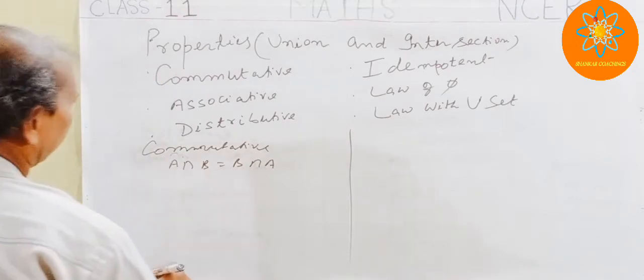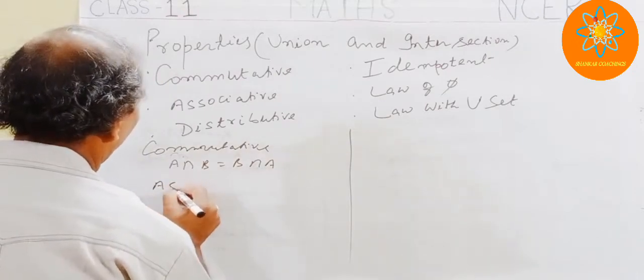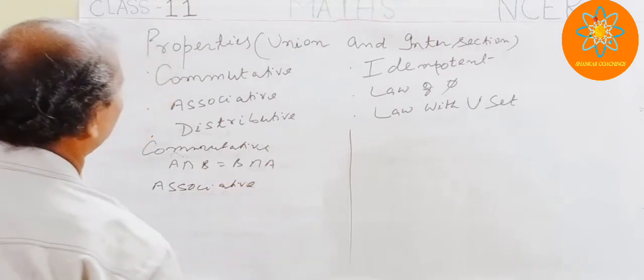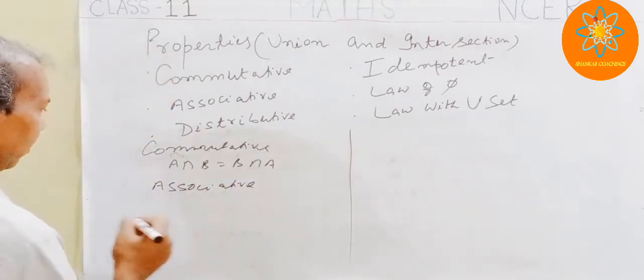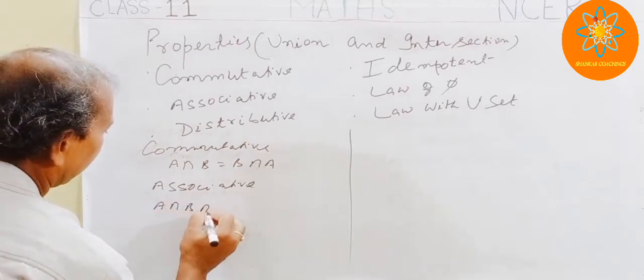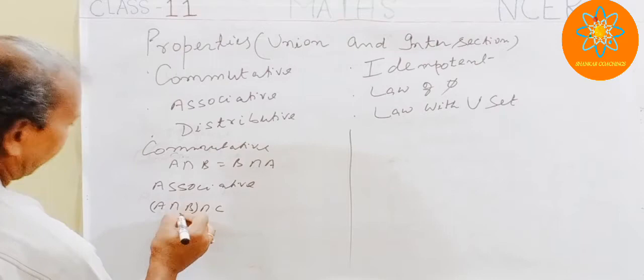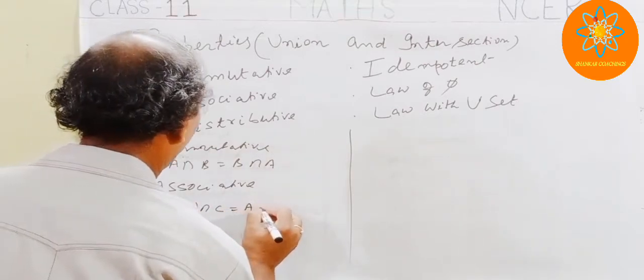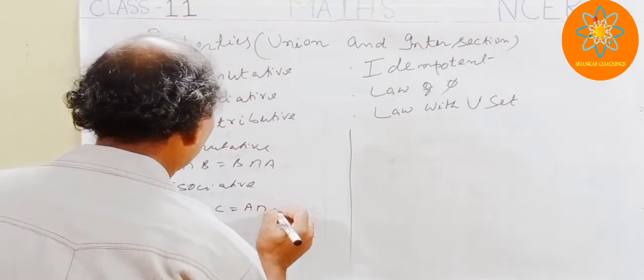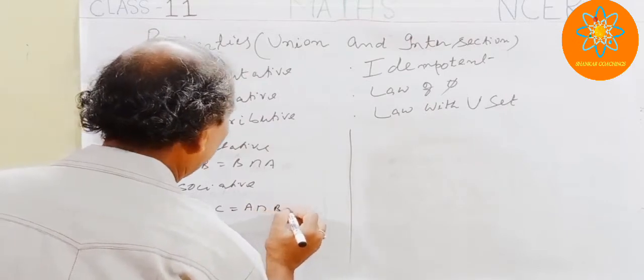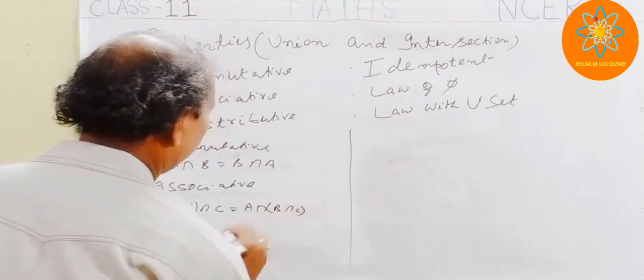Then the next one is the associative. In the associative case, three sets are given: A intersection B intersection C. If I take A intersection B in one bracket, this is equal to A intersection, with B intersection C in one bracket.